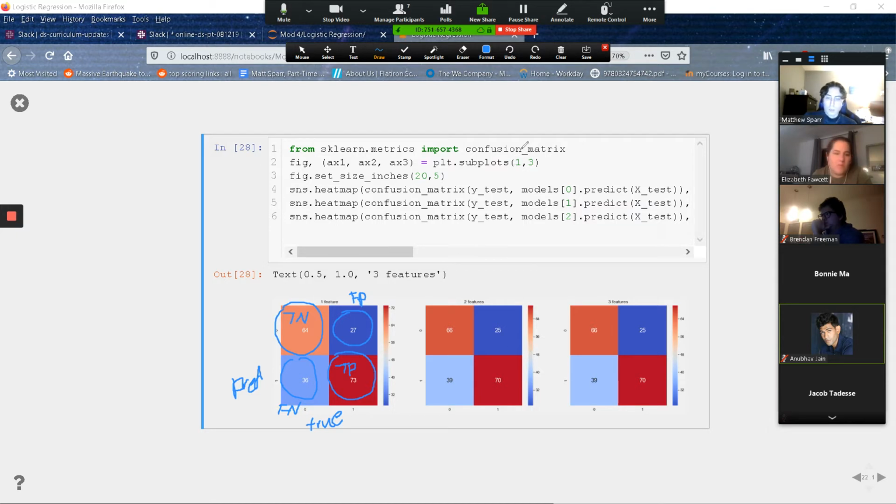All right, good job. Now if we look at all three of these, what do we notice? These two are the same. So what's the difference between one feature and two or three features? But what else?